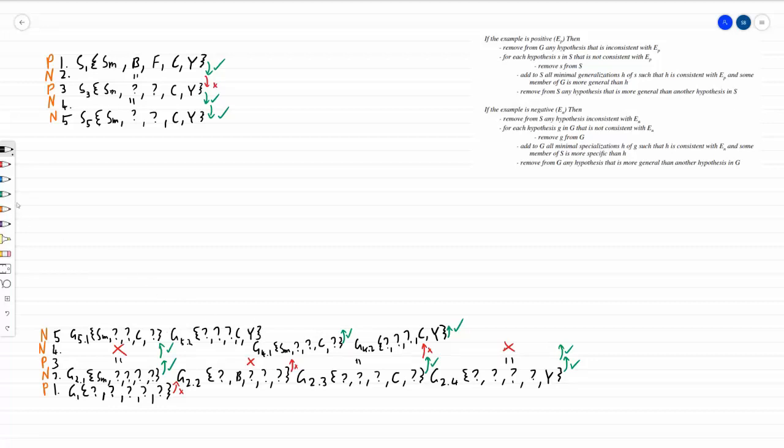Those are our two final ones there. In this case, we have a specification of 3 and a specification of 2. So our bounds are basically almost touching. They haven't exactly converged. But in this case, we don't really have anywhere in between to generate any new hypotheses. So all we have for our version space are just those two boundaries. So you don't need to worry about going through and producing any other intermediary ones.